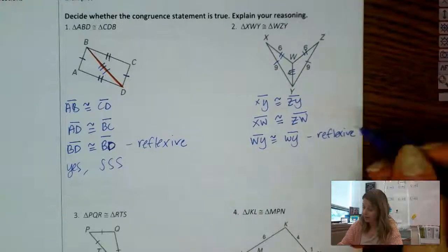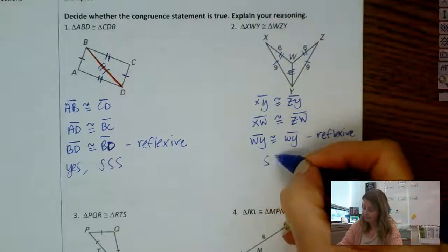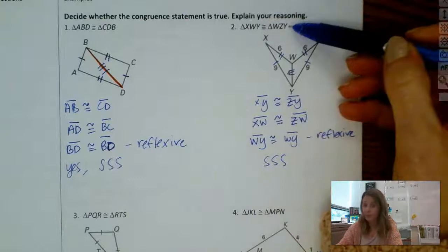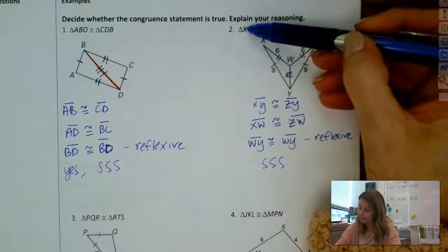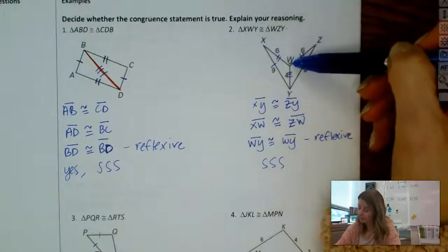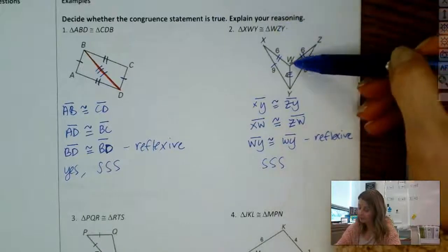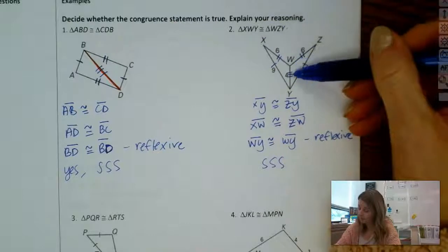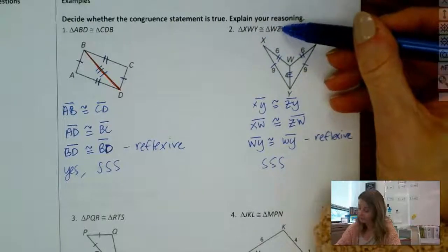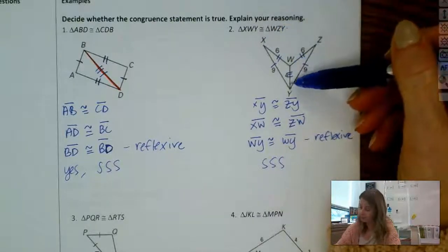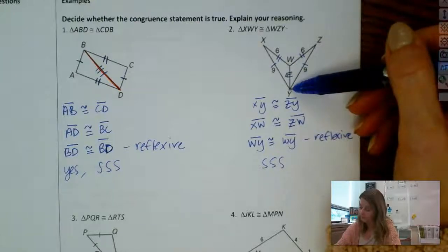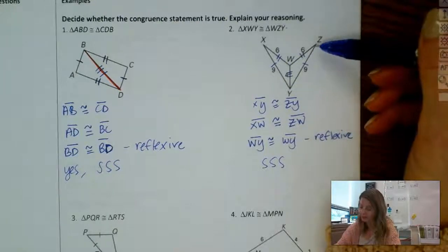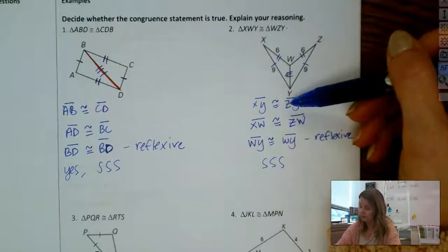So it looks like we have SSS, but are these in the right order? So is XW, the one with 6 over here, congruent to WZ, 6, yes. WY is my reflexive, ZY. Okay, so WY in the left triangle is not congruent to ZY in the right triangle.